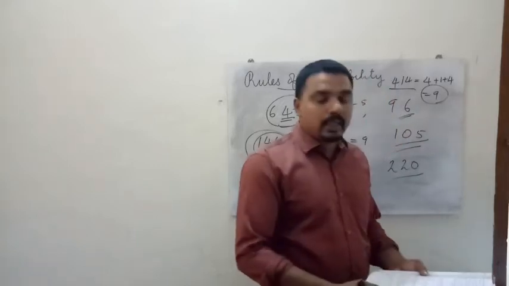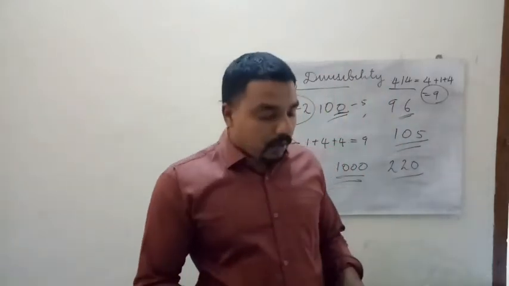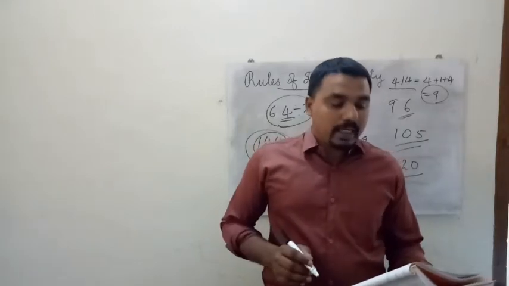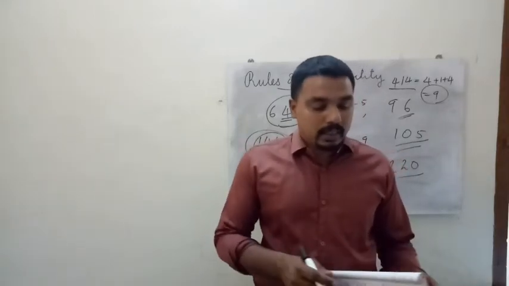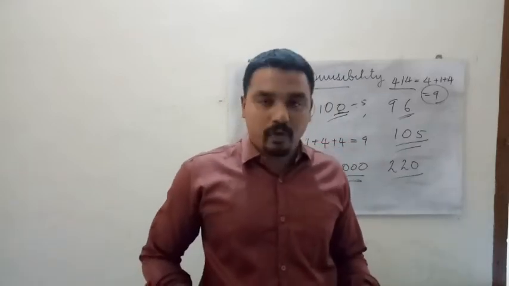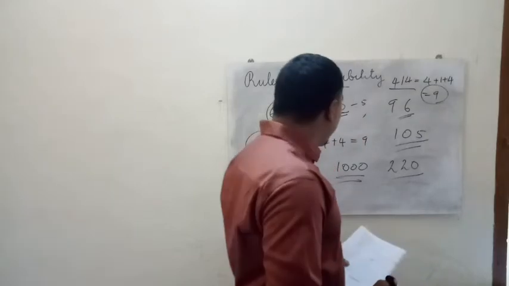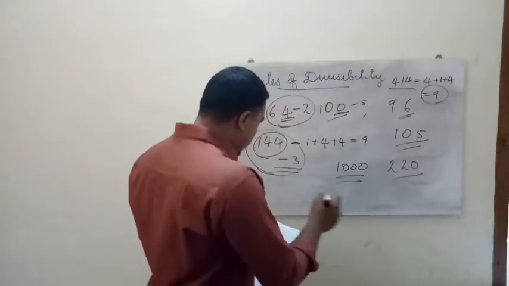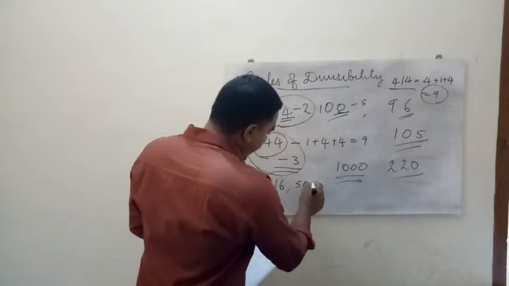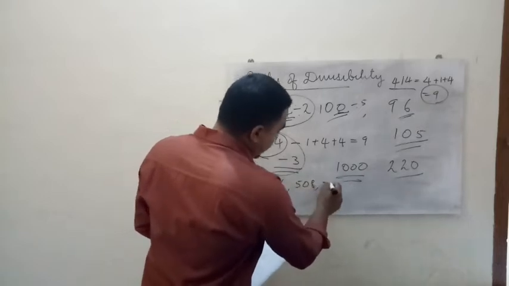Next is divisibility by 4. A number is divisible by 4 if the number formed by the last 2 digits on its extreme right is divisible by 4. For example, I am writing here 3 numbers: 616, then 508, then 300.